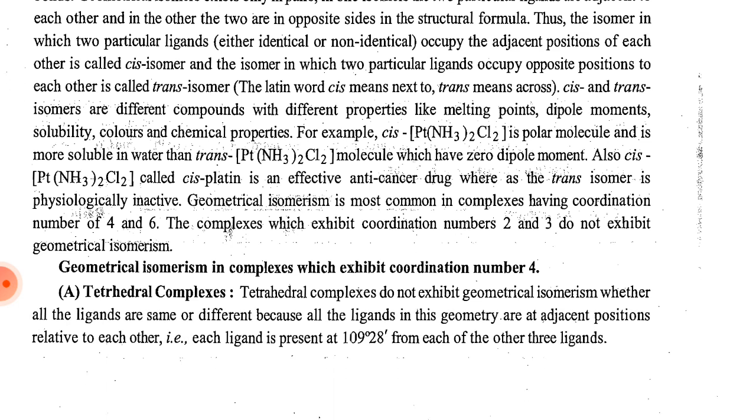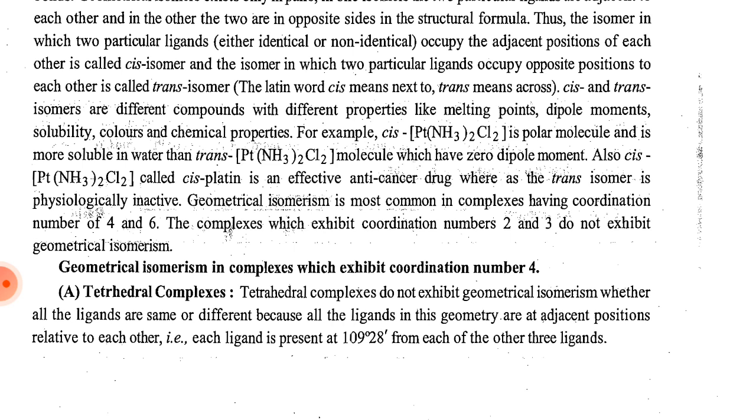For example, cis-Pt(NH3)2Cl2 is a polar molecule. This is cisplatin, which is very famous as a cancer drug. It is a polar molecule and is more soluble in water than trans-Pt(NH3)2Cl2, which has zero dipole moment. So between the cis and trans, we can understand that cis-Pt(NH3)2Cl2 is more polar, so it is soluble in water.